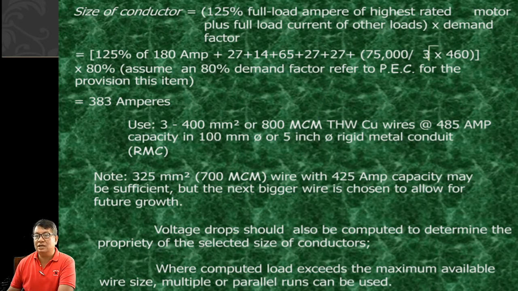Tsaka mayroon sa transformer natin, mayroon 75 kVA 3-phase, 460. So yun, lahat-lahat i-multiply natin ng 80% na demand factor, no? So makita natin ito sa Philippine Electrical Code na mayroon tayong demand factor na 80%. Okay, ito pong lahat, no? 125% of 180, yung rated current at yung sa transformer din, lahat-lahat i-multiply natin ang demand factor na 80%.